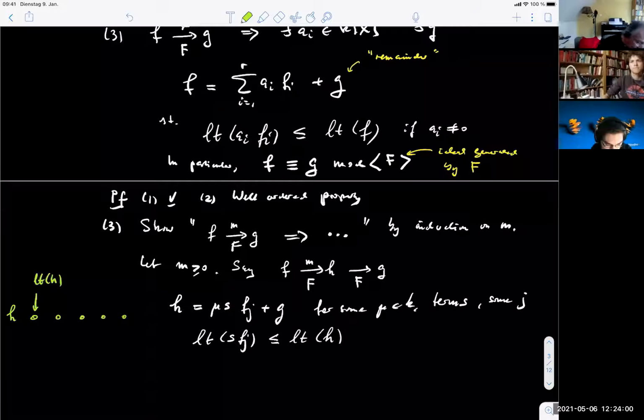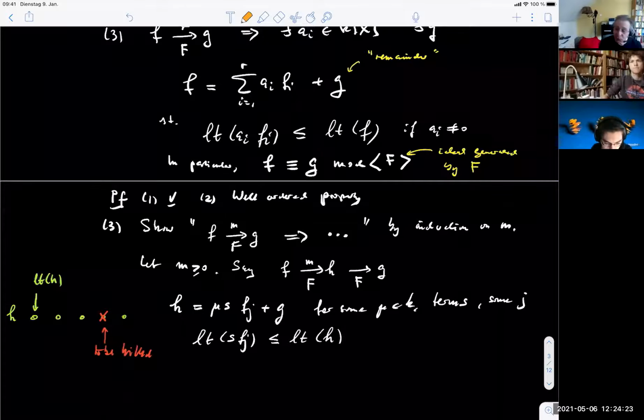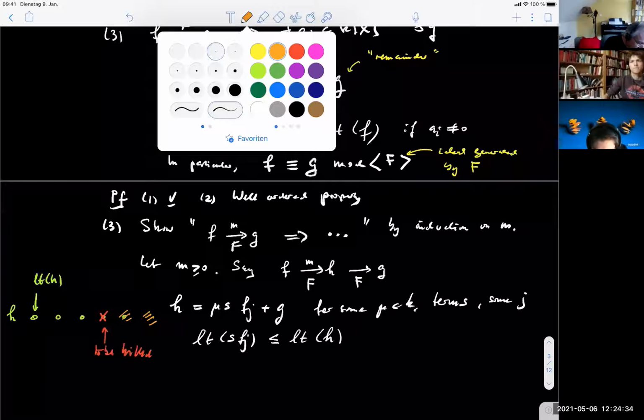When I do this one-step reduction, there is this term to be killed. You see, I subtract something. When I do my subtraction of the multiple of Fj, this red thing is gone. And here, there may be changes. There may be certain things that change.